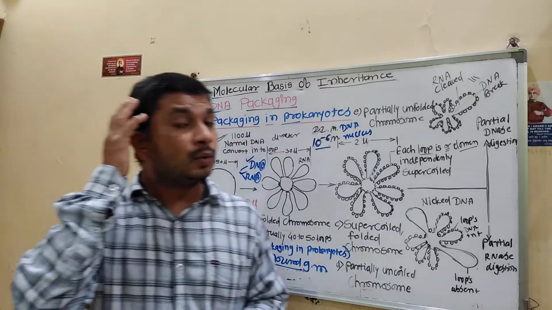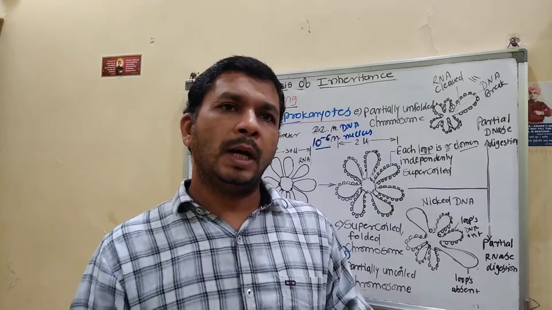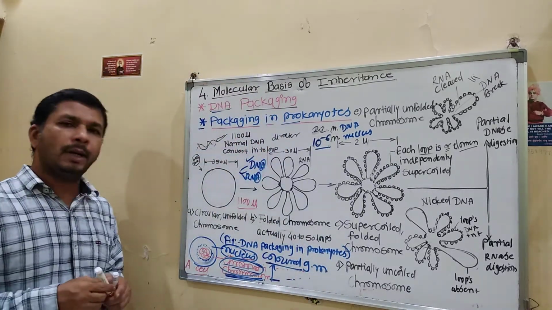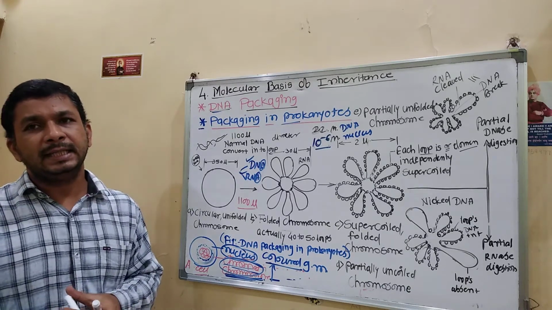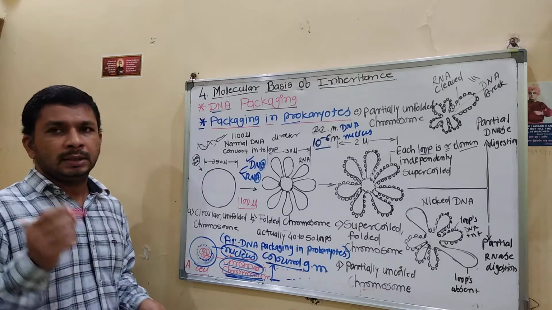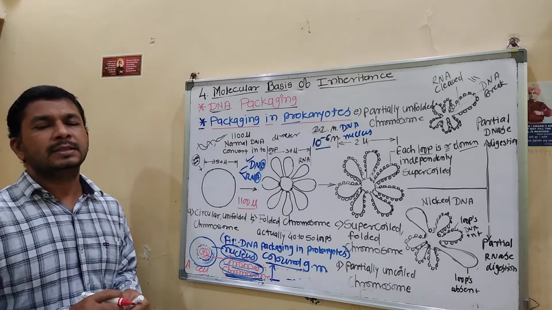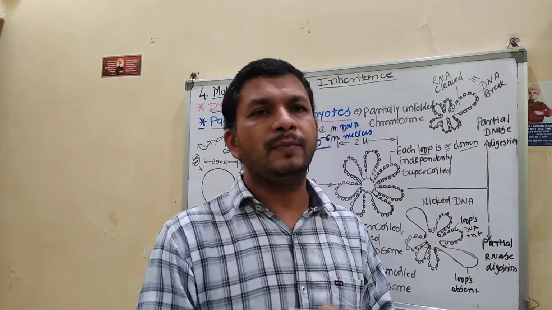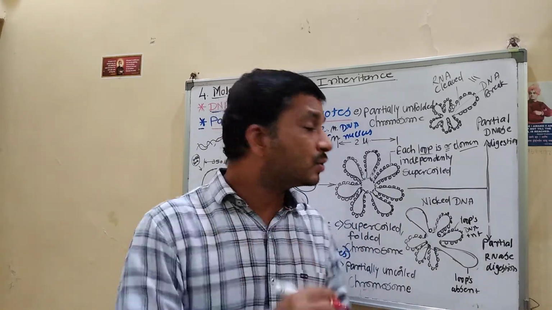Then we have 1100 micron DNA in a 2 meter nucleoid. The circular folded DNA folds into 350 micron, that is reduced in size.